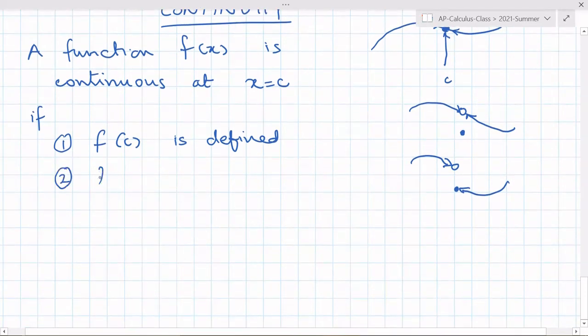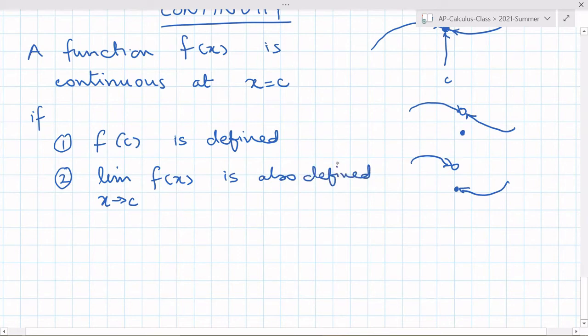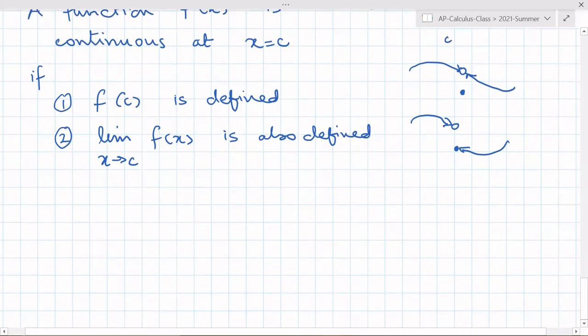Second, limit x tends to c of f of x is also defined or exists. That means from both left and right, it's coming to the same limit. And third says these two have to be equal.